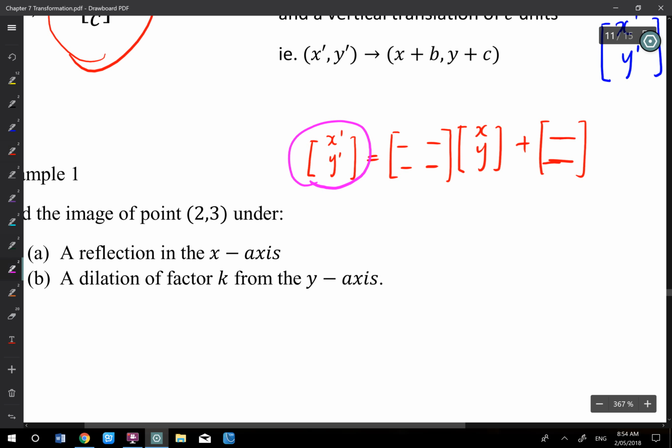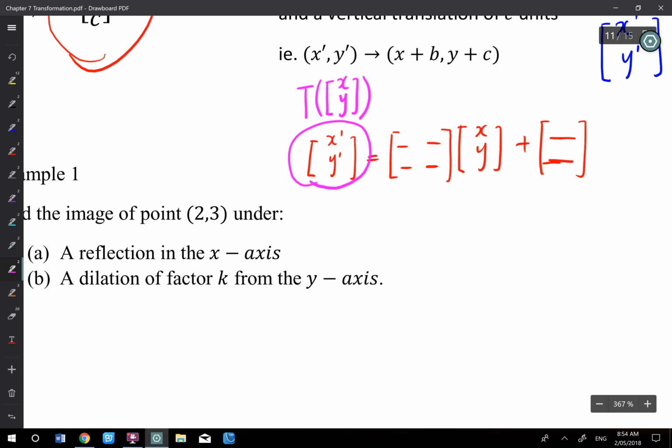Sometimes the x dash, y dash can be represented another way. It will be T bracket xy. It's easy to understand why we express it this way. It's the new point, the old point under the transformation. Old point and the transformation give you the new point, so they are equivalent.